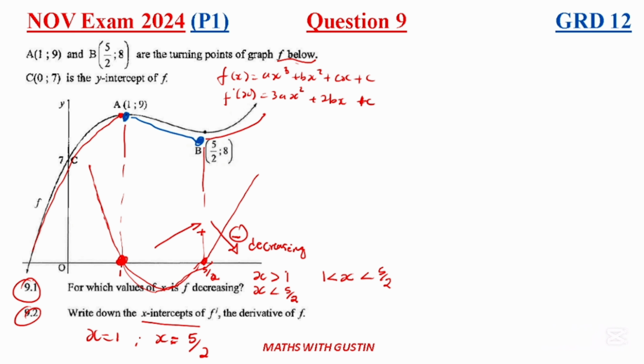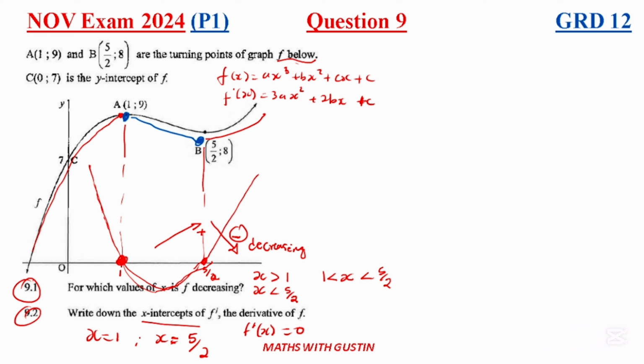You obtain these when the derivative is equal to 0, guys. This is our new function. On the cubic, you obtain the turning points when the derivative is equal to 0.